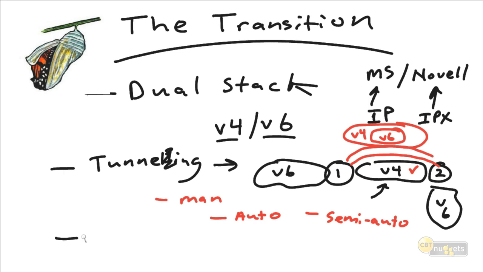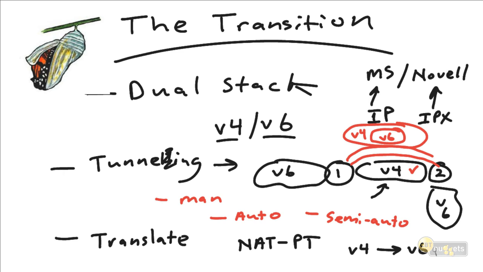Now, the third thing that we could do is translate. This won't be all that popular, but we could do what's called network address translation, protocol translation. What you do here is take the v4 address and translate it to a v6 address on the NAT-PT device.